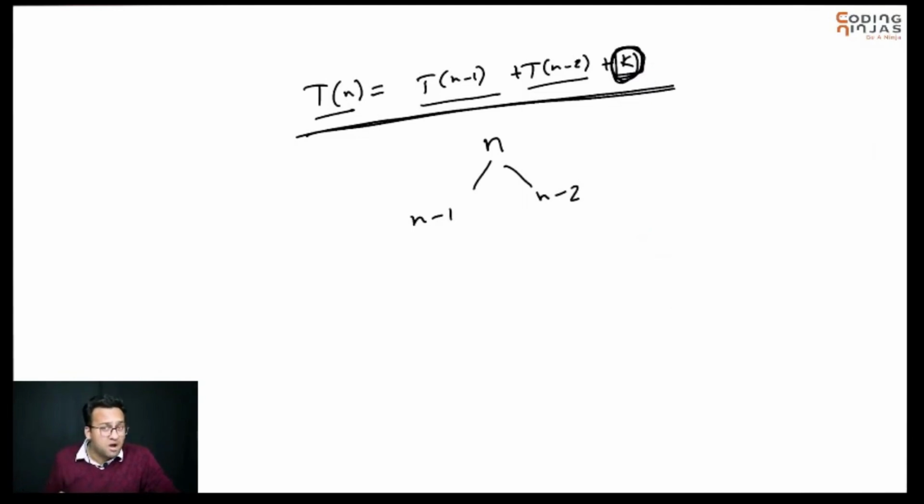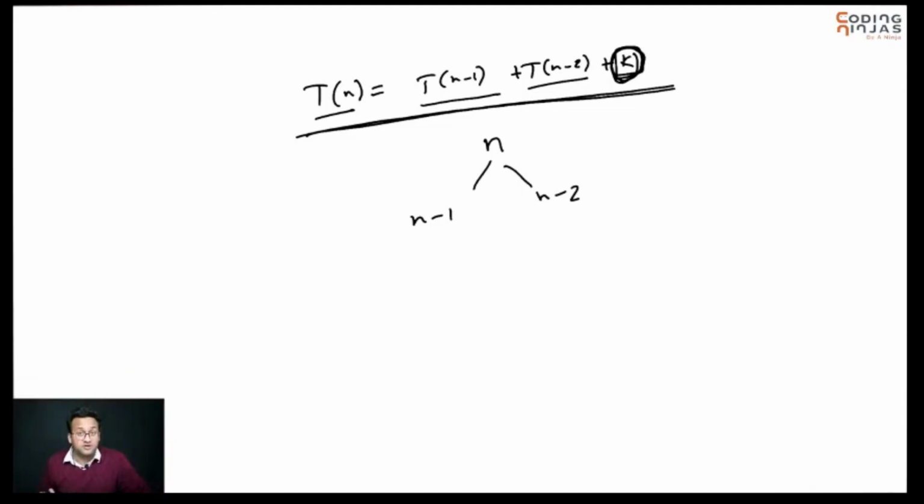So if I can somehow figure out how many function calls are happening, I'll be sorted, right? Things will become easy for me. If I know how many function calls there are, then that will be my time complexity, because each function is doing constant work. So that's the only thing that we need to do, right?